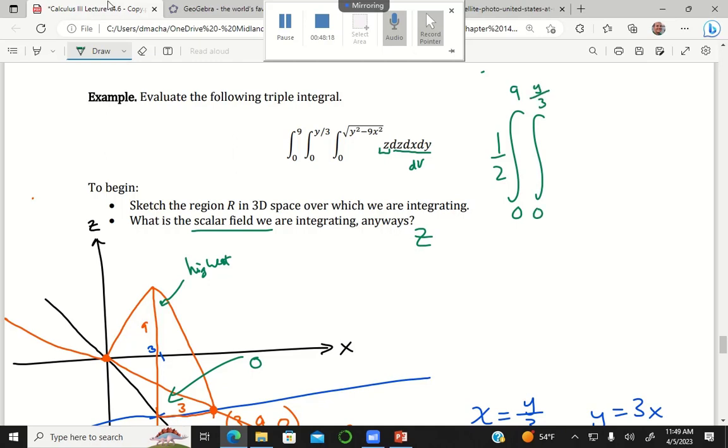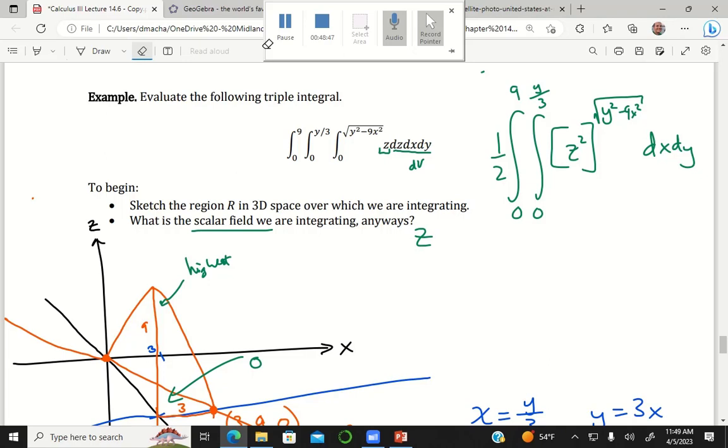Okay, if I were going to take the antiderivative of z, that would just be z squared over 2. And so this is going to be this. And I'm evaluating z squared at upper bound square root y squared minus 9x squared and 0, dx dy. And then whenever I plug these in, obviously the 0 is just going to be 0, so I don't really care about the lower bound so much. If I plug in the upper bound, I just get rid of the square root because I'm squaring it, right?